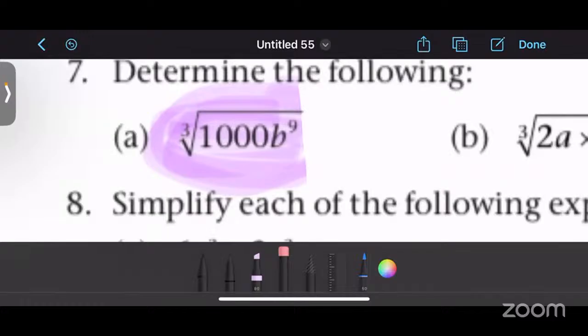Ma'am, you are going to say how many numbers can get into this number three times?